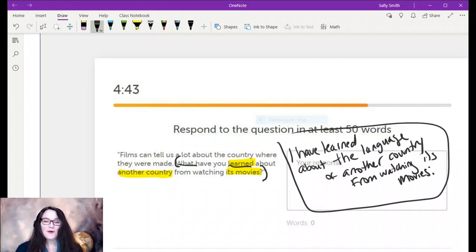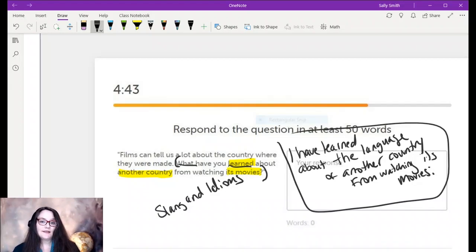So I am going to just think, okay, something unique to a country and its language is slang. So I'm going to make a body sentence about slang, maybe slang and idioms. So my approach then is I'm going to write my topic sentence. Then I'm going to write a sentence about slang and idioms.